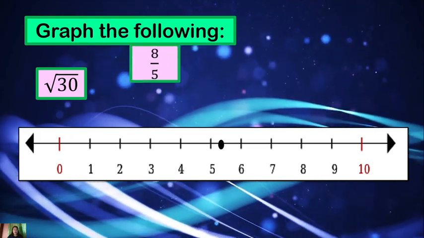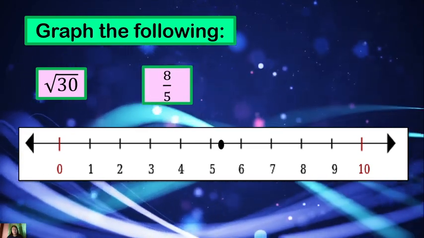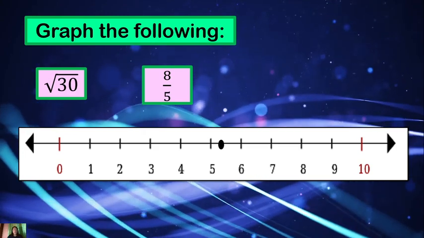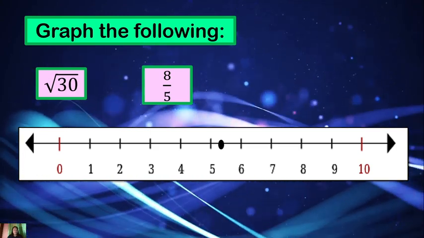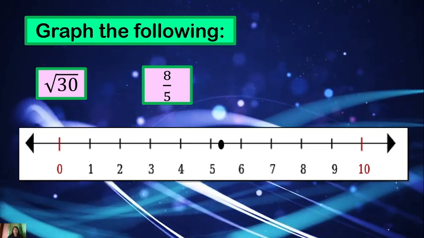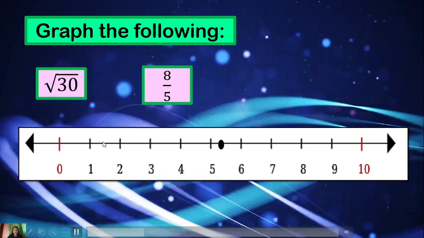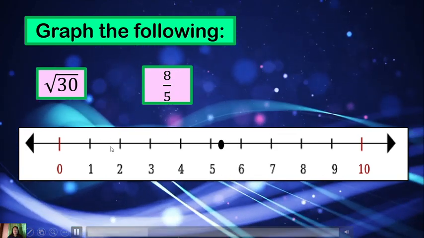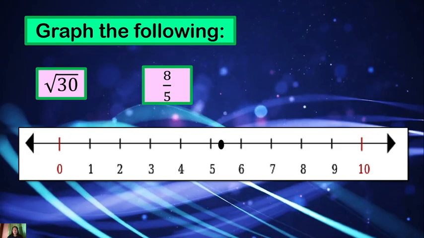Next, we have 8/5. What is 8/5? That is 1 and 3/5. Right? So you are going to divide this into equal parts, because 3/5 is 0.6.